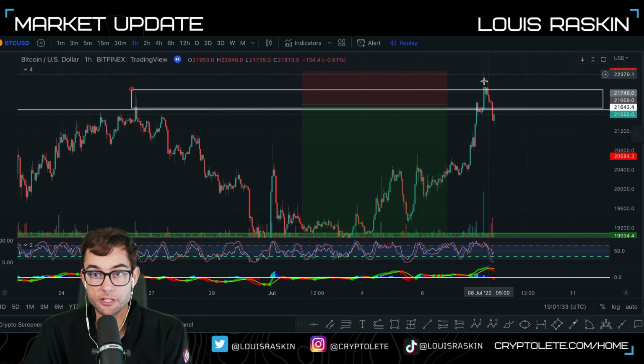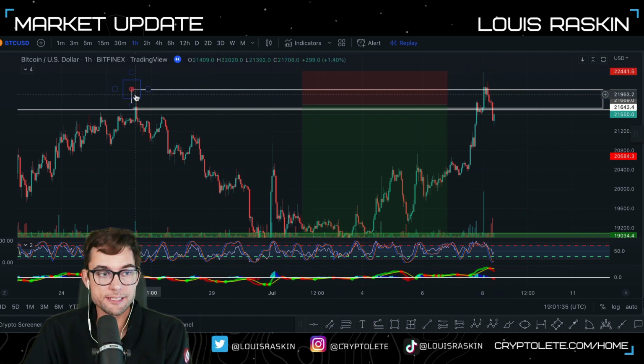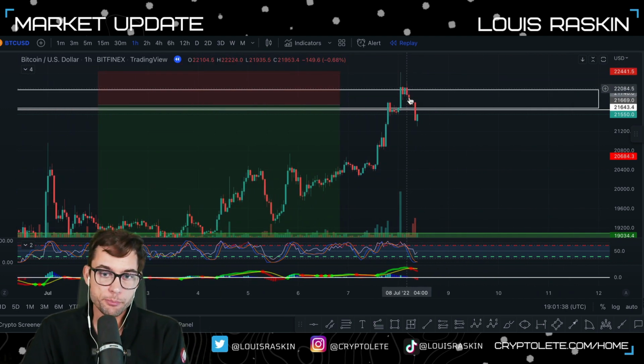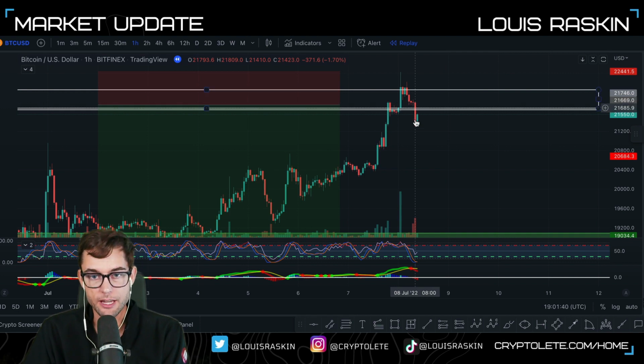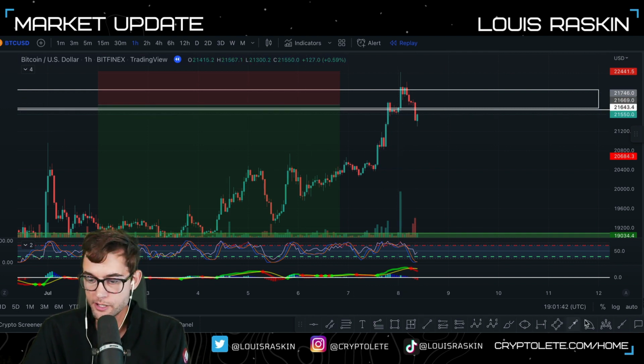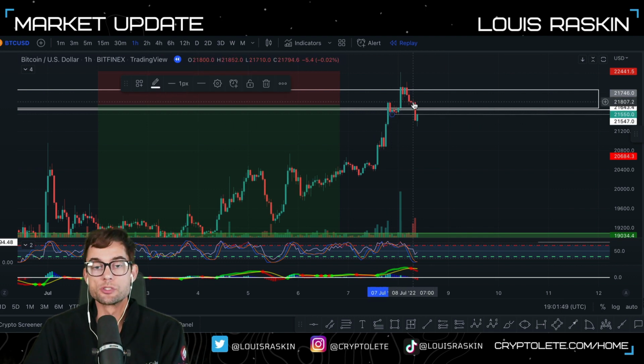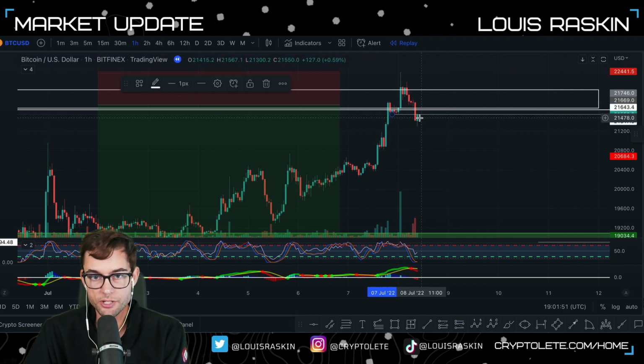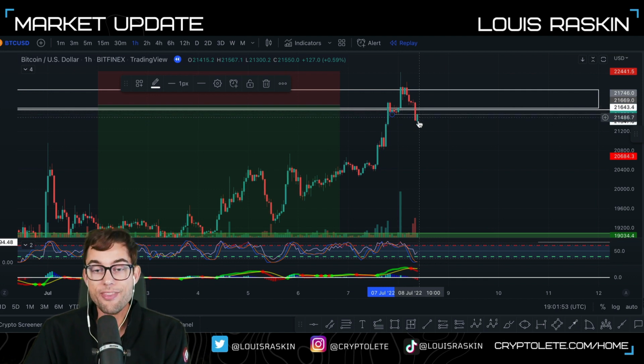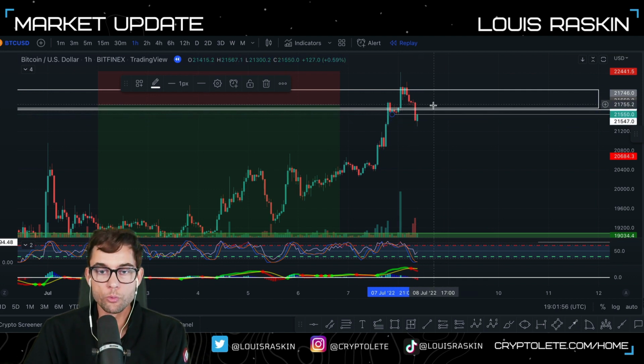So this is essentially a swing failure pattern of this top back here. And not only did it break down, but it broke down with this candle right below this area, these lows. So this broke the market structure to the downside. That means this is where we want to look for shorting opportunities.